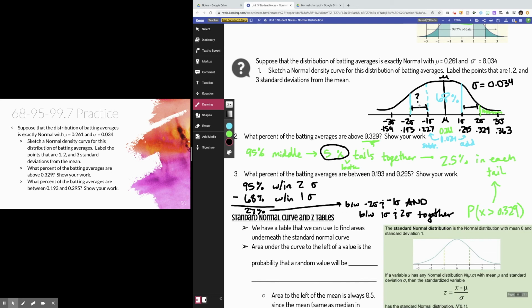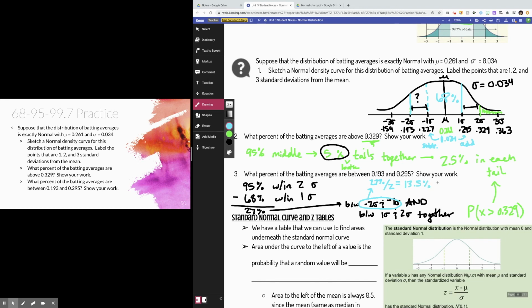So I need to figure out just what one of those areas is. To get just this, I'm going to take my total, 27%, and cut it in half. So I get 13.5%.